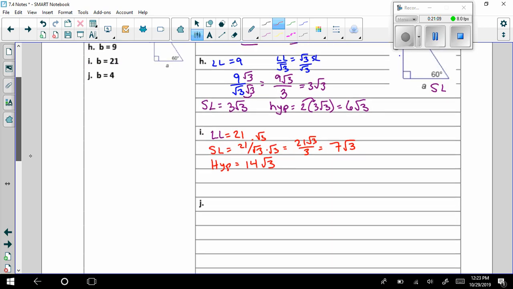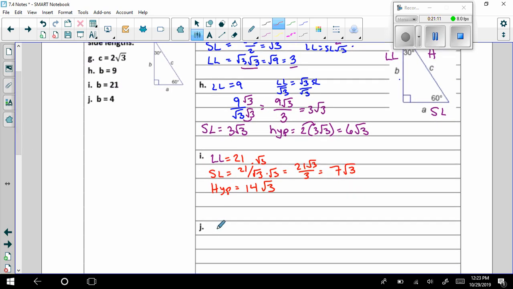Okay. I guess I can go ahead and do one more example of B. The long leg is 4. So the short leg is 4 over root 3. Rationalize that one more time. So we have 4 root 3 over 3. That doesn't reduce, so that's our short leg.